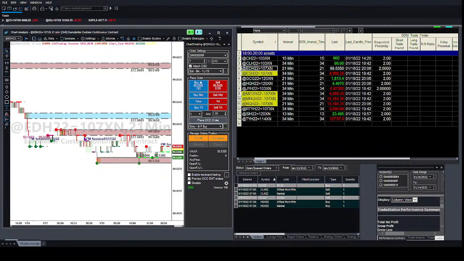Hit it. Came down, made a band. Came up. Went back down. Did it break it? Yeah. So the low was 52.50. Yeah, touched it.